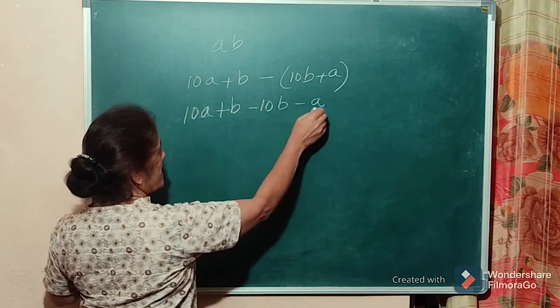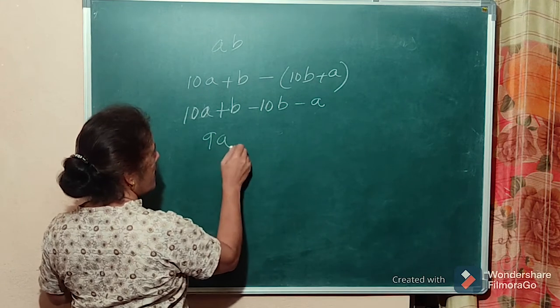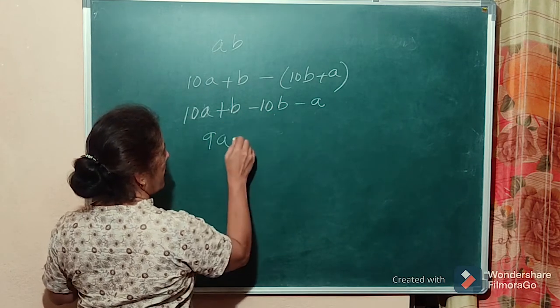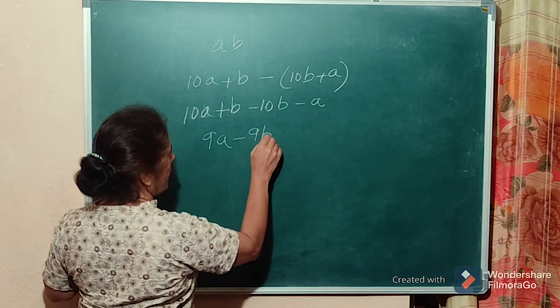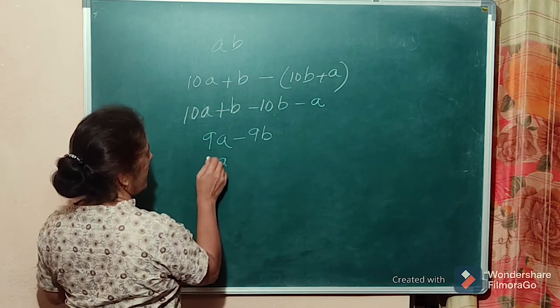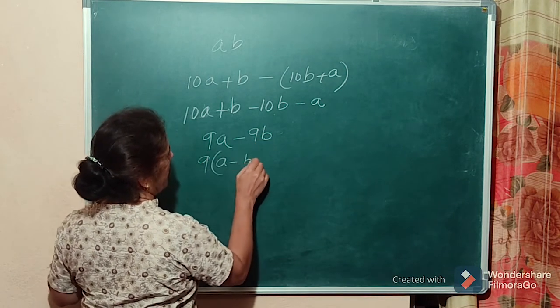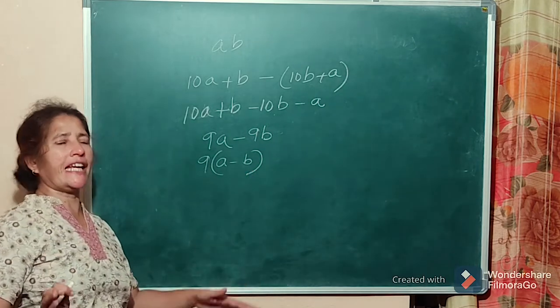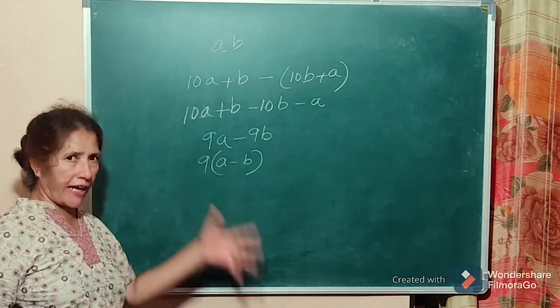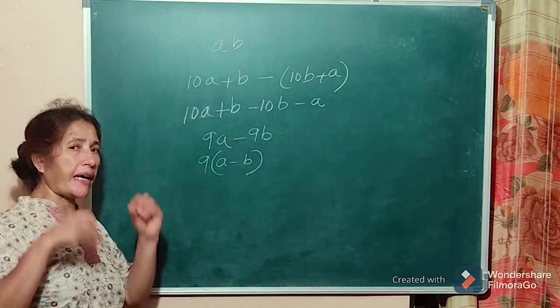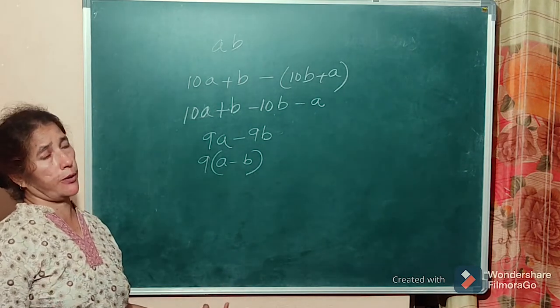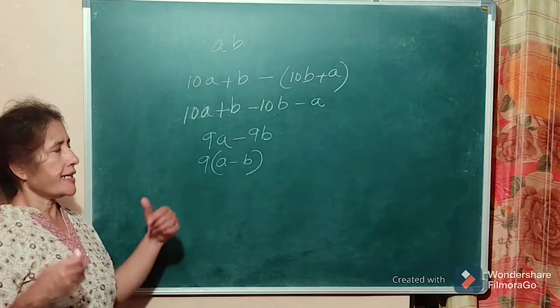So 10a minus a is 9a, and b minus 10b is minus 9b. 9 is common, 9 times (a minus b). So definitely it is a multiple of 9. Therefore when you divide by 9, the remainder is 0. Did you all understand? Yes.